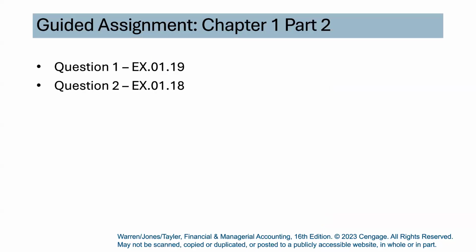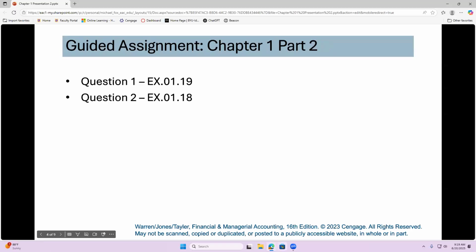All right. So for those of you who have it up, let's look at your guided assignment. If you don't have it, you can follow along with me, or you can look on with a neighbor. Let's see.